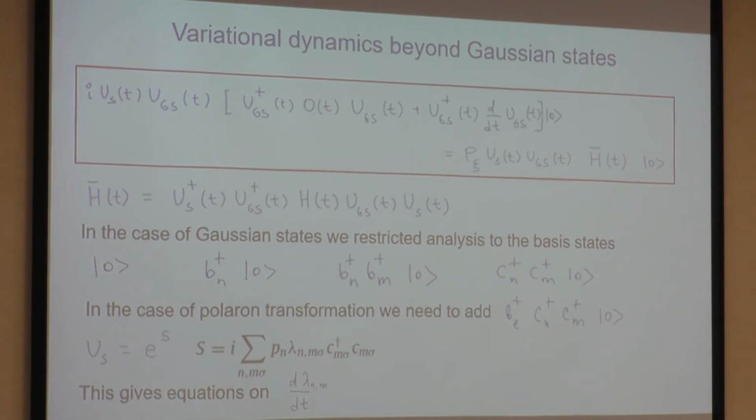It's natural why this comes out, because the Polaron transformation itself, remember, is of this type: it's quadratic in fermions and linear in the bosonic operators. So once you include this, when we project into basis vectors, we just have to introduce extra basis vectors. And once you add these basis vectors, you get explicit equations for the coefficients of the Polaron transformation.